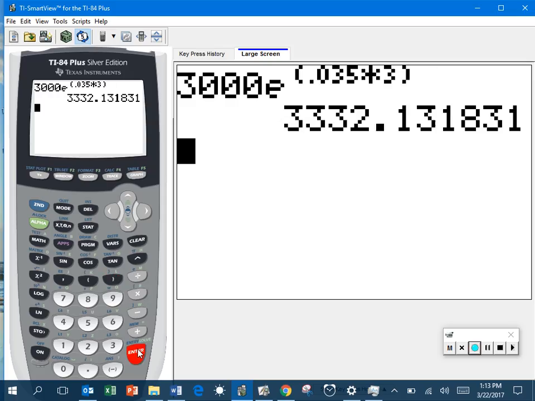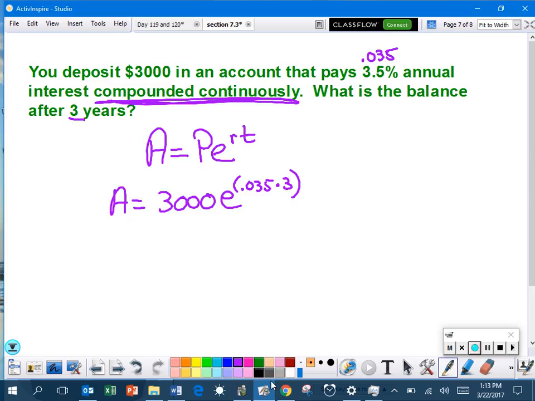And if the interest is compounded continuously, okay, every second, every millisecond of every day, that's how much money you would have in your account after 3 years. $3,332.13. Super easy formula to remember. You only need to know the principal, the rate, and the time. You don't have to worry about n at all.